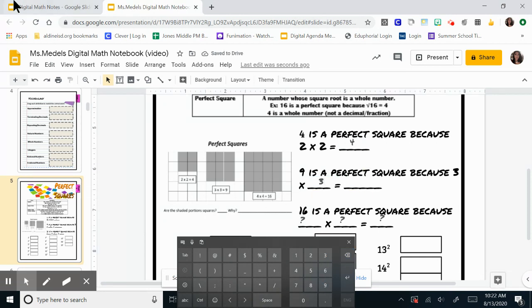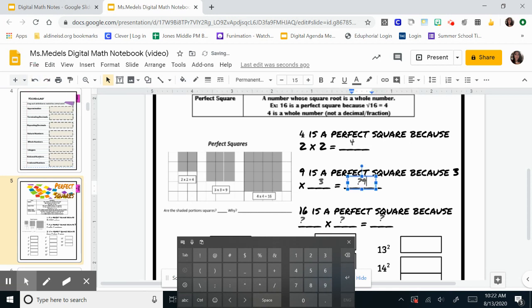Oops, sorry, I accidentally deleted that, but I can just go back. So that is 9. And then 16, we have 16 squares, and we know that 16 is going to be a perfect square because we know that 4 times 4 should give me 16.